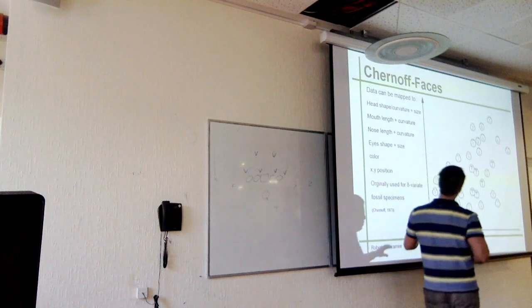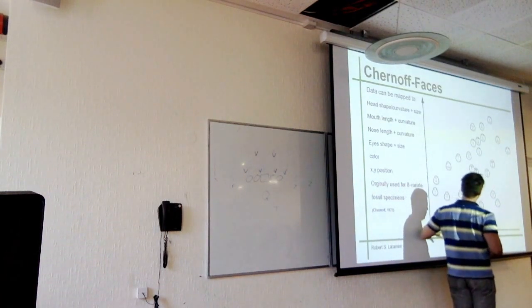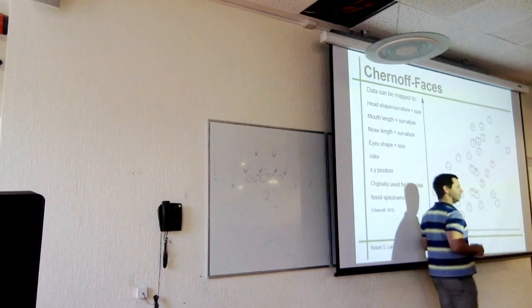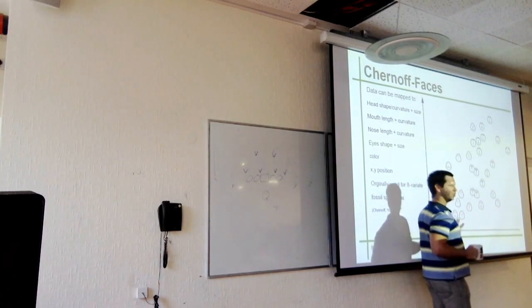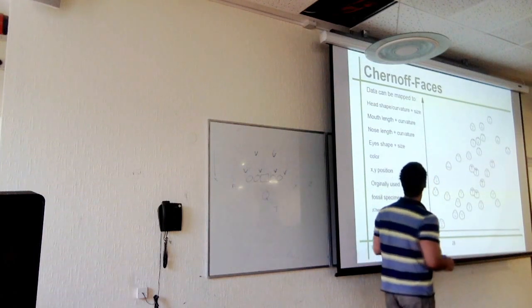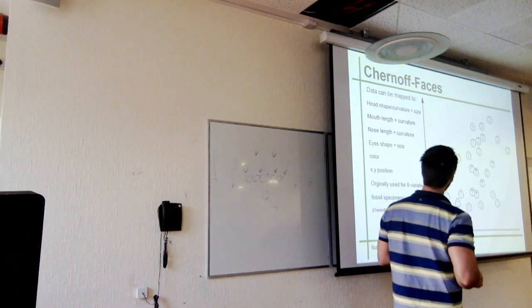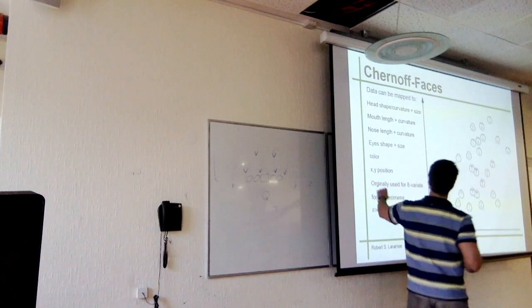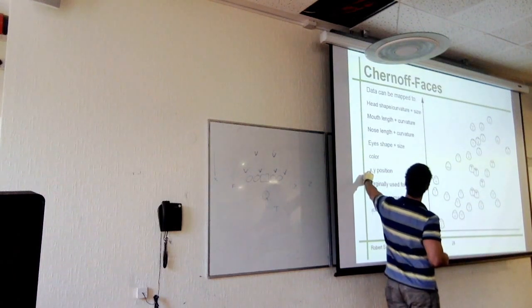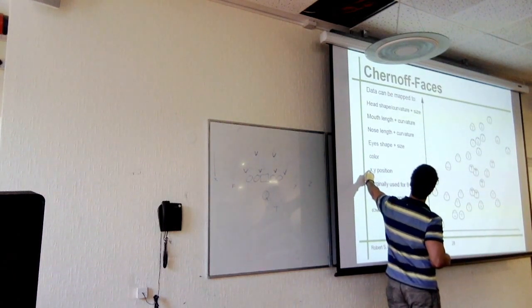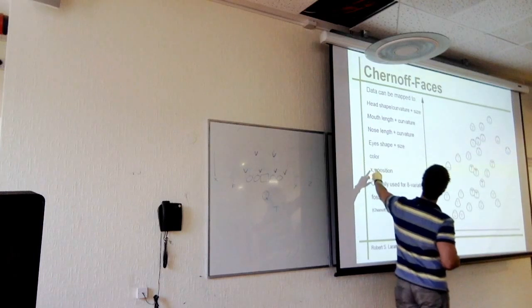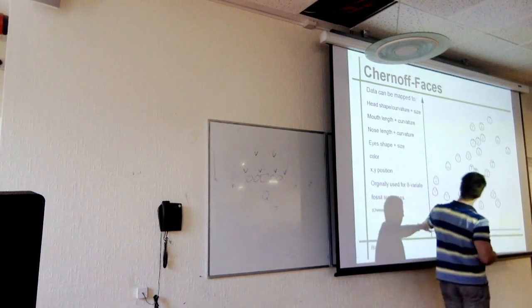Each glyph has an x position and a y position, just like a scatter plot. But then those are the first two variables. Then there are other variables encoded in the shape of the head.